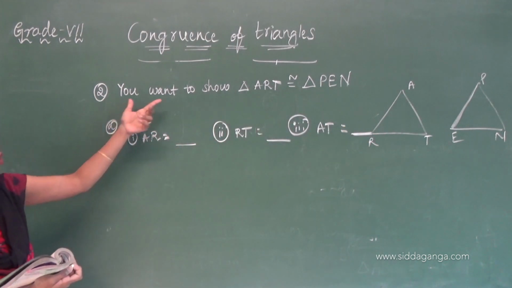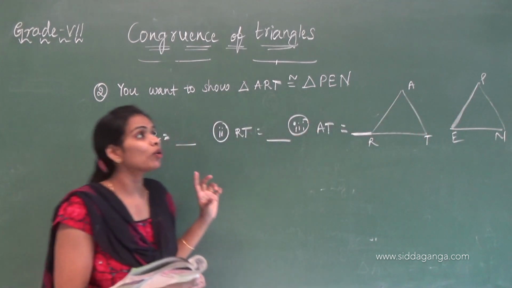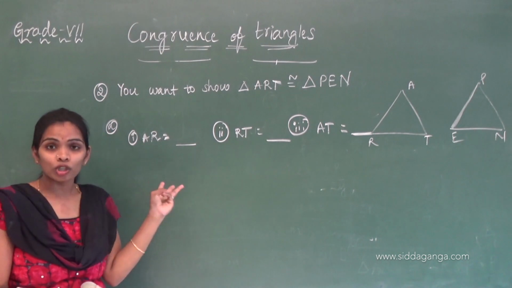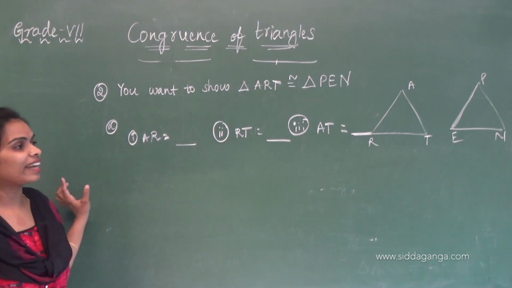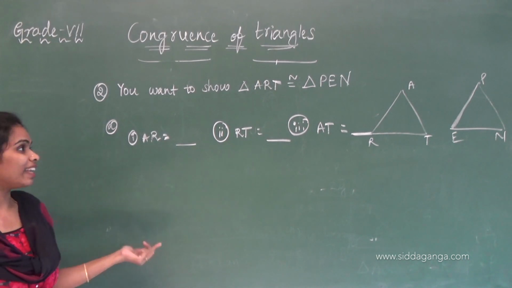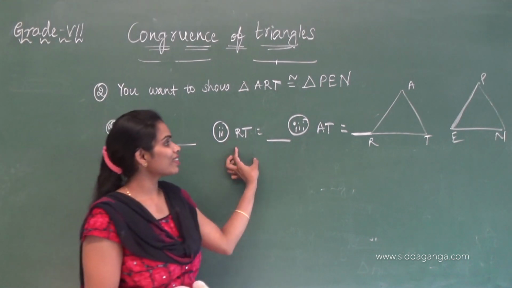Here, given, you want to show this one and this one are congruent. By using SSS criteria, they ask: this one equals to which one?